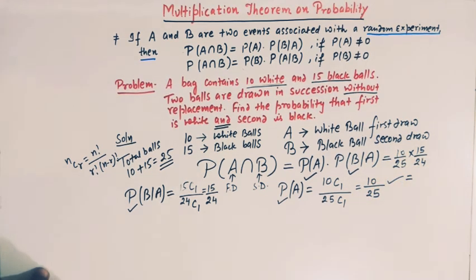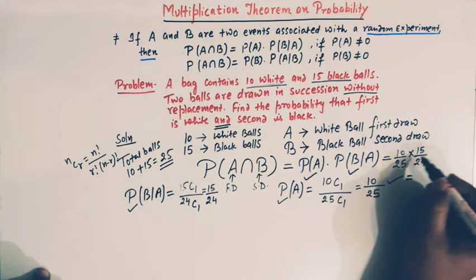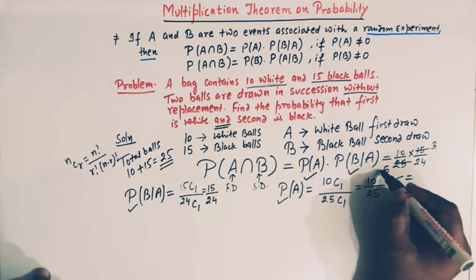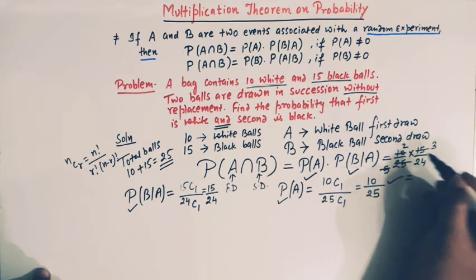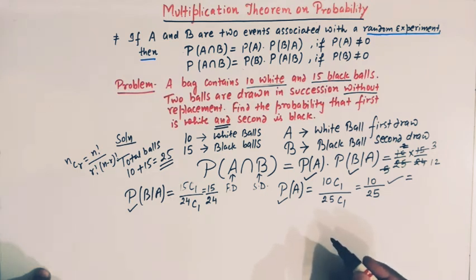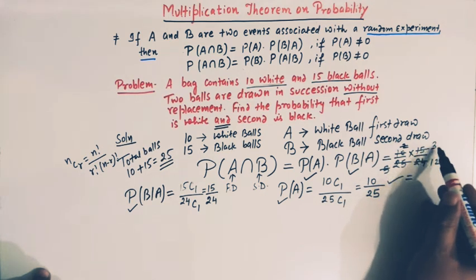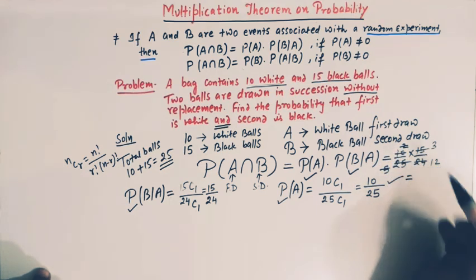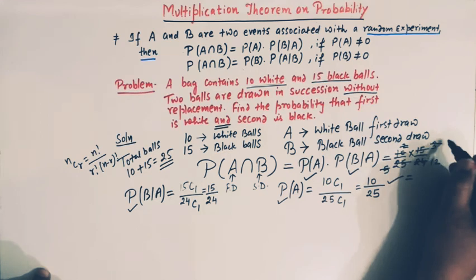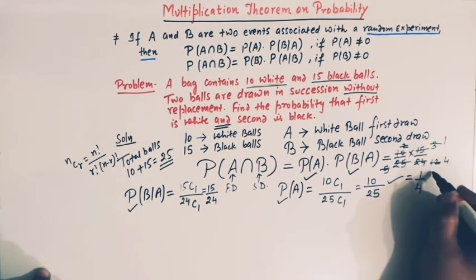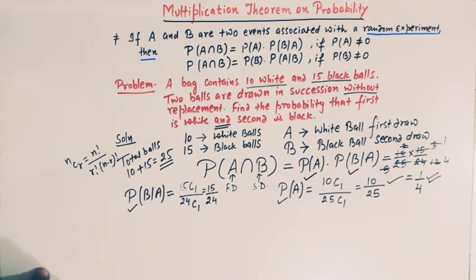Now we simplify it. 5 3s are 15, 5 5s are 25, 5 2s are 10, and 2 12s are 24. And here we have 3 1s are 3, 3 4s are 12. So this is 1 over 4. So this is the required probability.